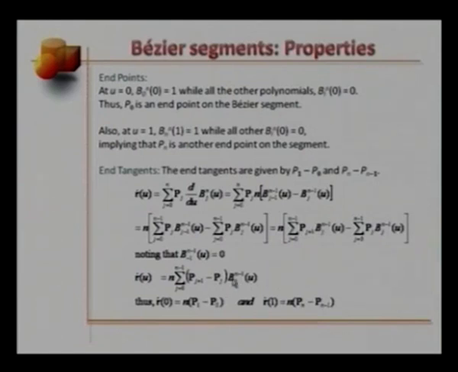We use this observation to find that the first derivative of a Bezier curve at u equals 0 is given by n times p1 minus p0, and the slope of the curve or of the segment at u equals 1 is given by n times pn minus pn minus 1. We have just shown that this statement is true.